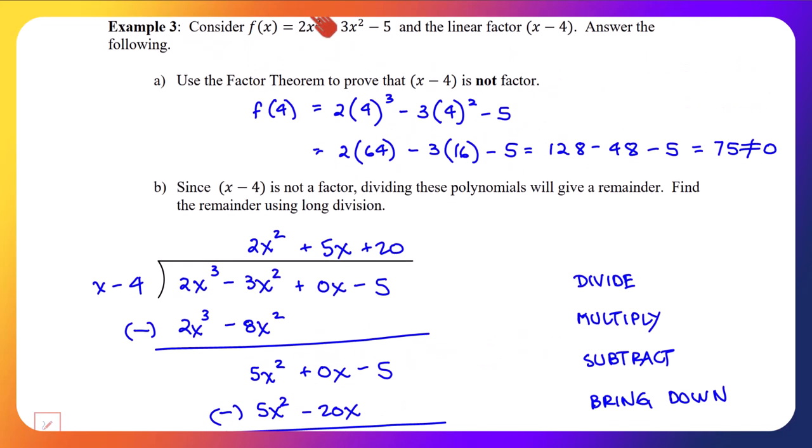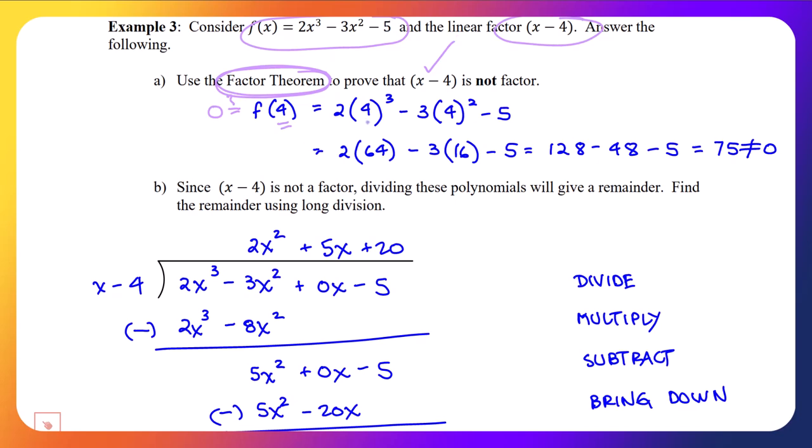All right, so now we're dividing this by this. Using the factor theorem, if I get 0 by plugging in 4, then x minus 4 is a factor.